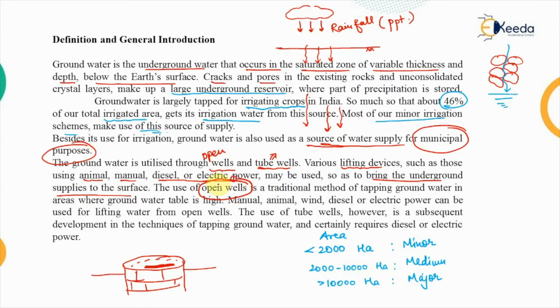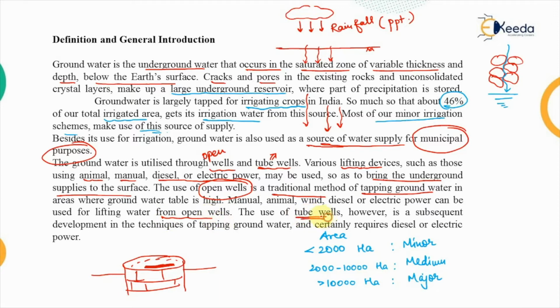The open wells that I've drawn here are a traditional method of tapping groundwater in areas where the groundwater table is high. Manual, animal, wind, diesel or any source of power can be used for lifting the water from open wells.